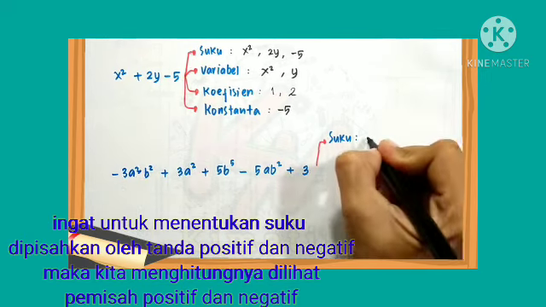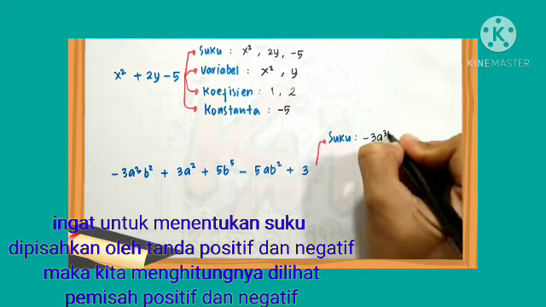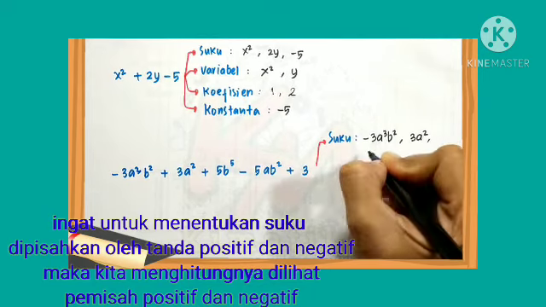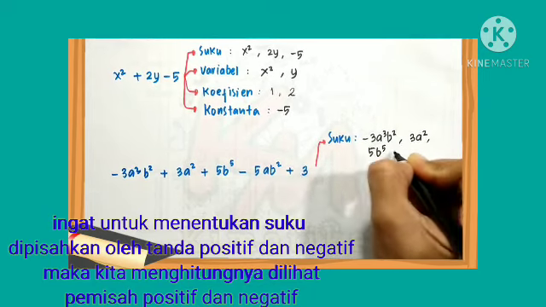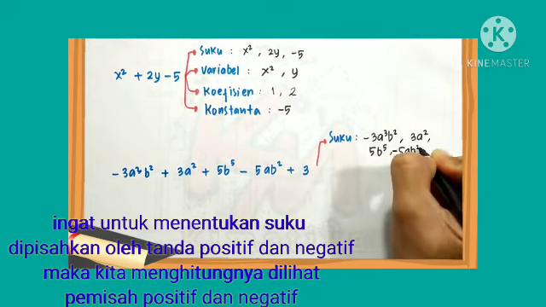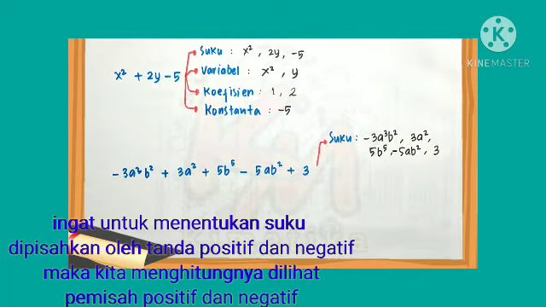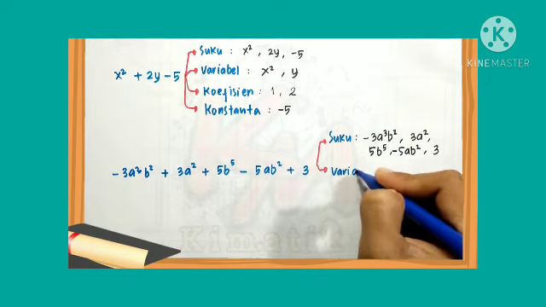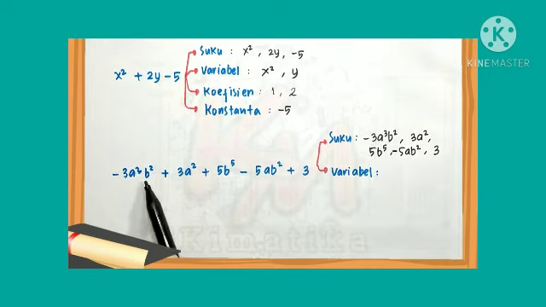The terms are minus 3a power 3 b power 2, 3a power 2, 5b power 5, minus 5ab power 2, and 3.